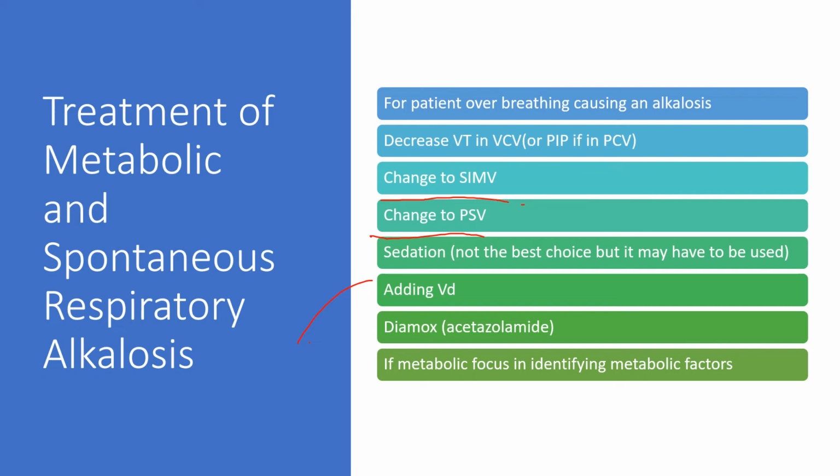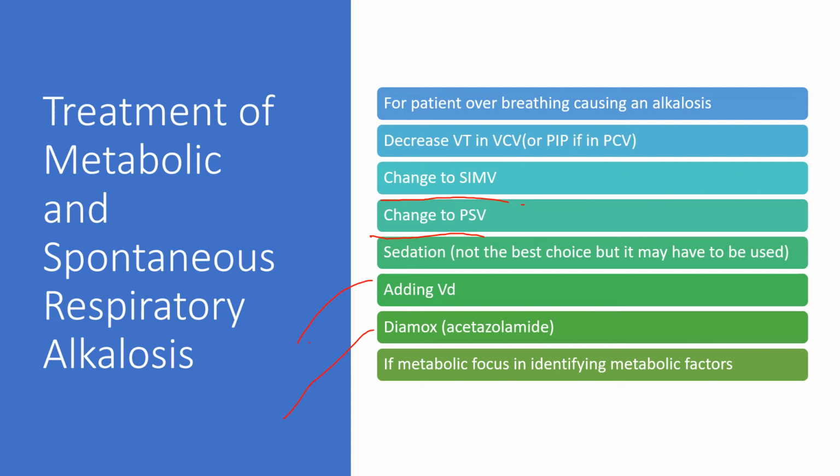If someone is in respiratory alkalosis, there's a diuretic called Diamox, and that one can help with a metabolic alkalosis or respiratory alkalosis as well. The kidneys will start to eliminate bicarb, which would then help with the alkalosis pH altogether.